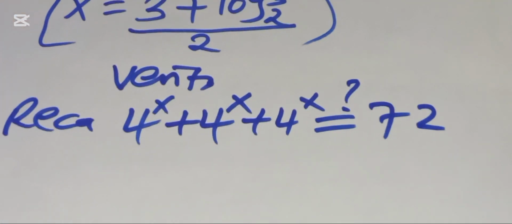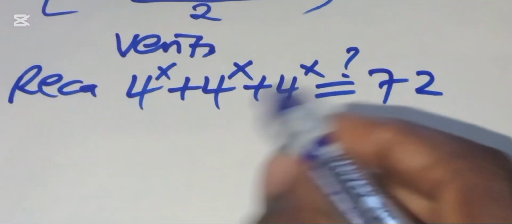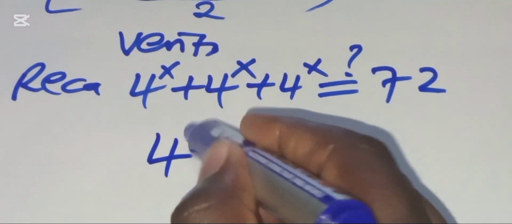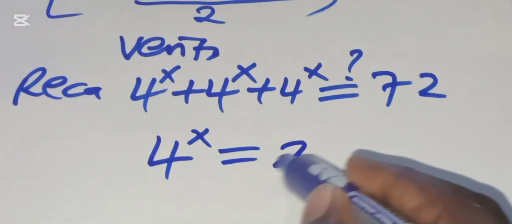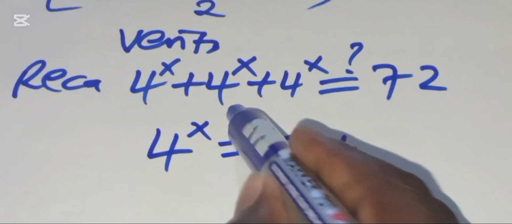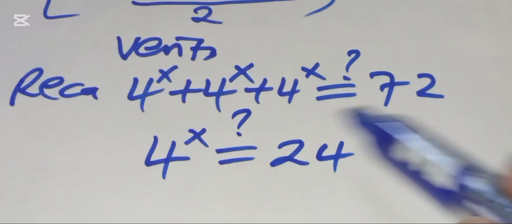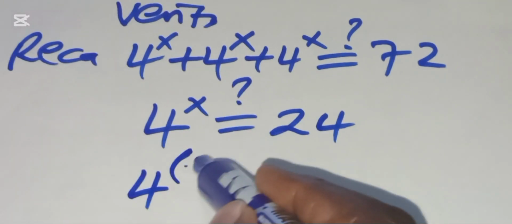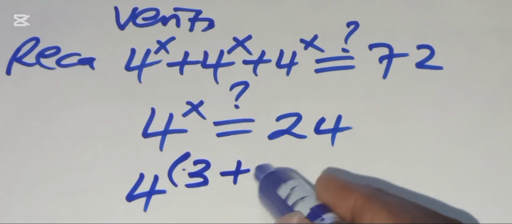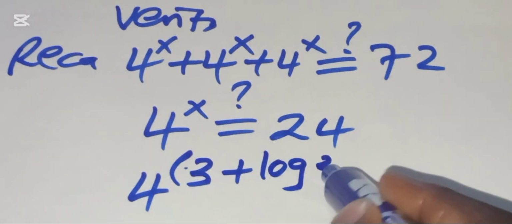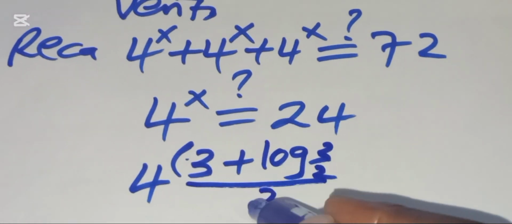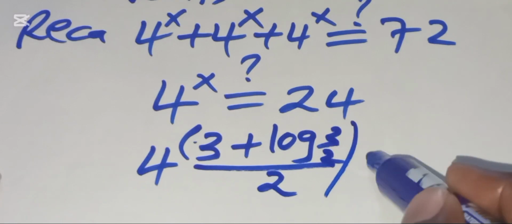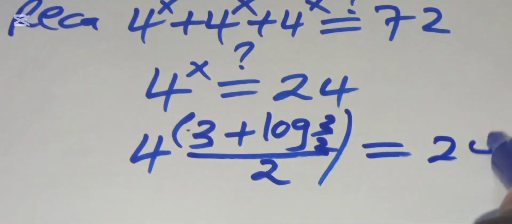We simplified this further to 4 to power x equal to 24. Now let's substitute the value of x, so that we'll have 4 raised to power 3 plus log 3 to base 2, divided by 2. All of this should give us a value of 24.